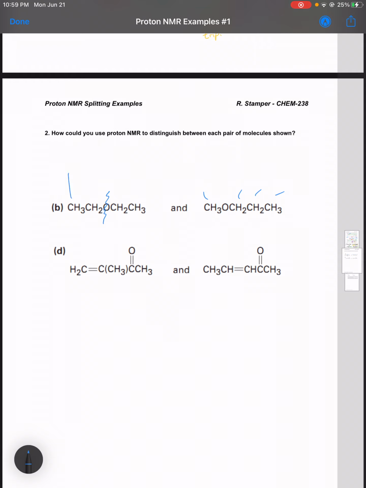The answers to those questions aren't necessarily super relevant to answering this question, but just by way of giving you the short version here, in this molecule I would expect 2 signals, a 6 hydrogen signal, right, because of symmetry, both methyl groups are the same, a 6 hydrogen signal that would be split into a triplet, because each of those methyl groups only has a 2 hydrogen neighbor, 2 plus 1 is 3, triplet.